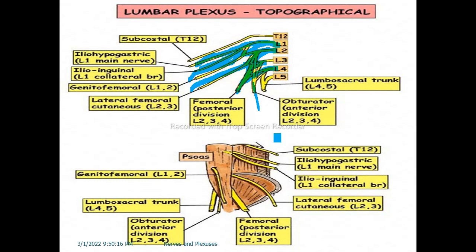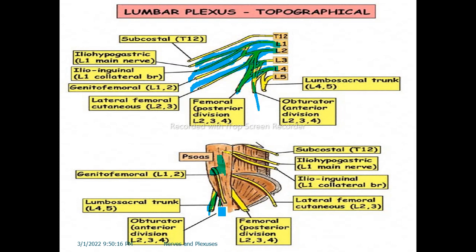So this shows us how the lumbar plexus nerves exit from the psoas major muscle. This is the psoas major muscle. The only nerve that pierces the psoas major muscle anteriorly is the genitofemoral nerve, whereas this one is the lumbosacral trunk, and this one is the obturator nerve.